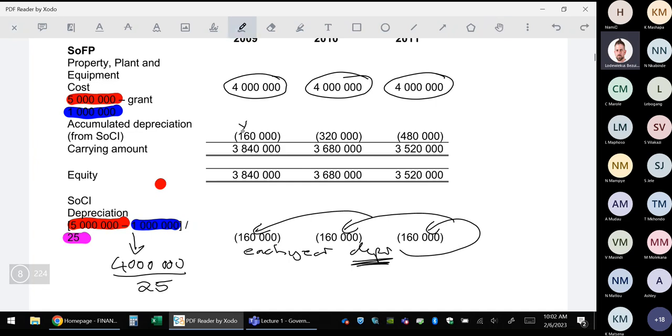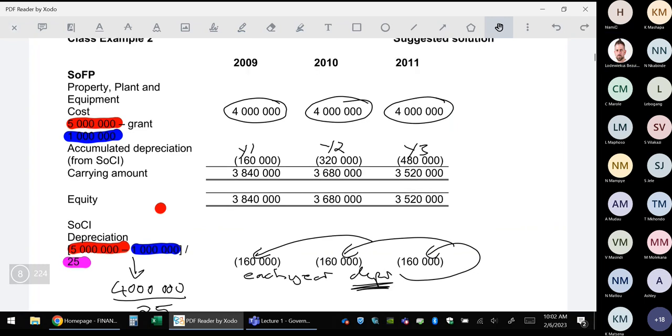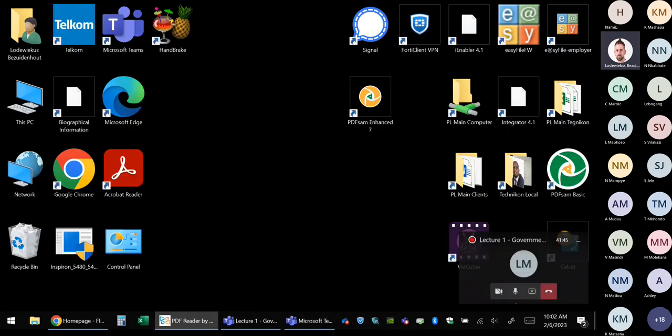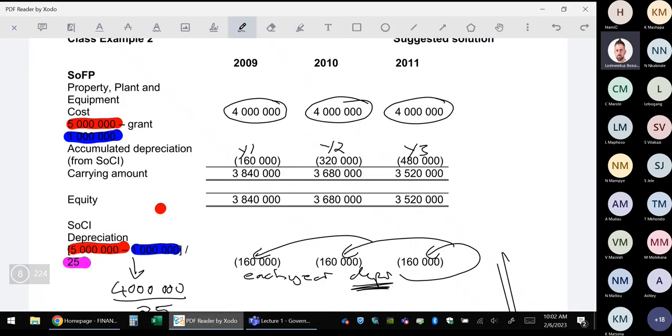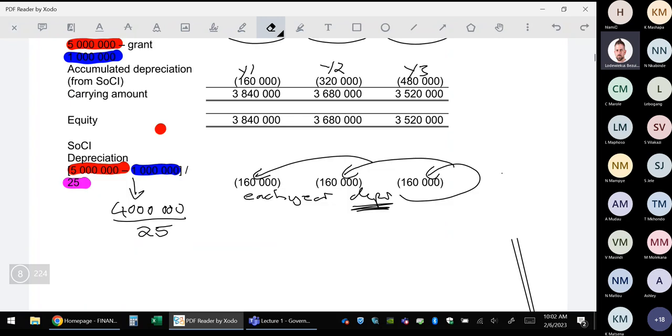So year 1 is 160, year 2 is 320 because it's 160 times 2, and year 3 is 160 times 3. So can you see that the net, the net effect here, sorry, my finger was sweaty and it touched the page.